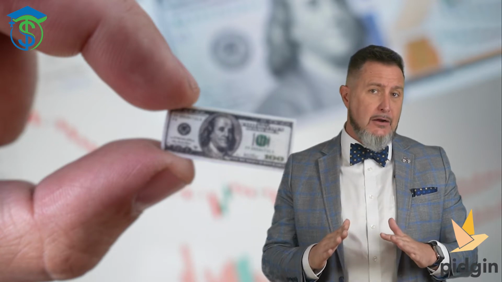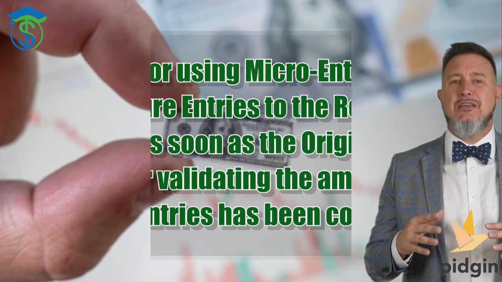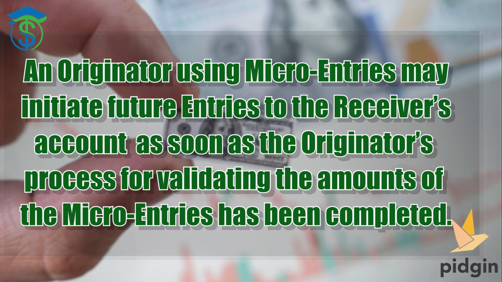Something else to consider, if you are originating micro entries, is that an originator using micro entries may initiate future entries to the receiver's account as soon as the originator's process for validating the amount of the micro entry has been completed. That's awesome. And what's that time frame? I don't know. Wait, what?